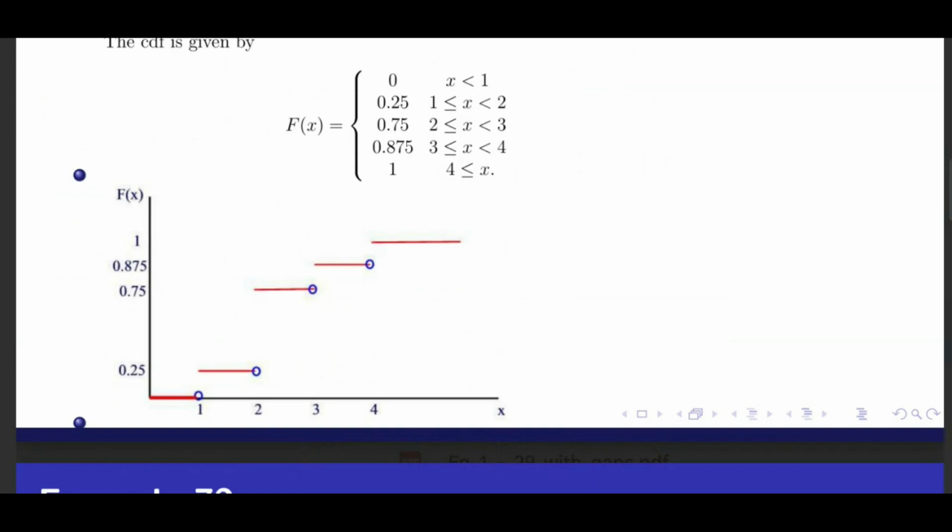You cannot have uncountably many steps. Mind you, you can have infinite steps, but countably infinite. But if you don't like these things, don't worry. These things just interest me greatly, right? Anyway, that's what the CDF looks like graphically. All right, let's look at another example.